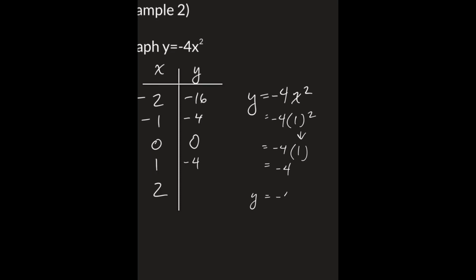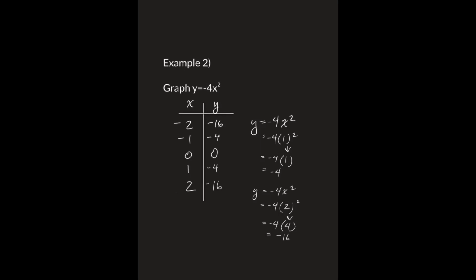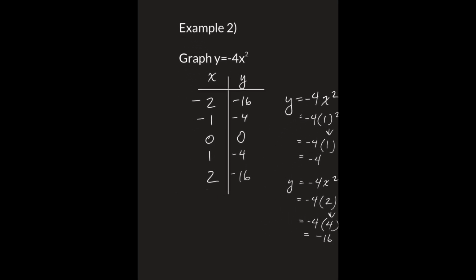My last value I have to plug in from my table is a +2. So the +2 goes into the parentheses. I raise it to the second power, I get 4. I multiply that times a -4, I get a -16. So that's a -16. So now I have a complete table of values.